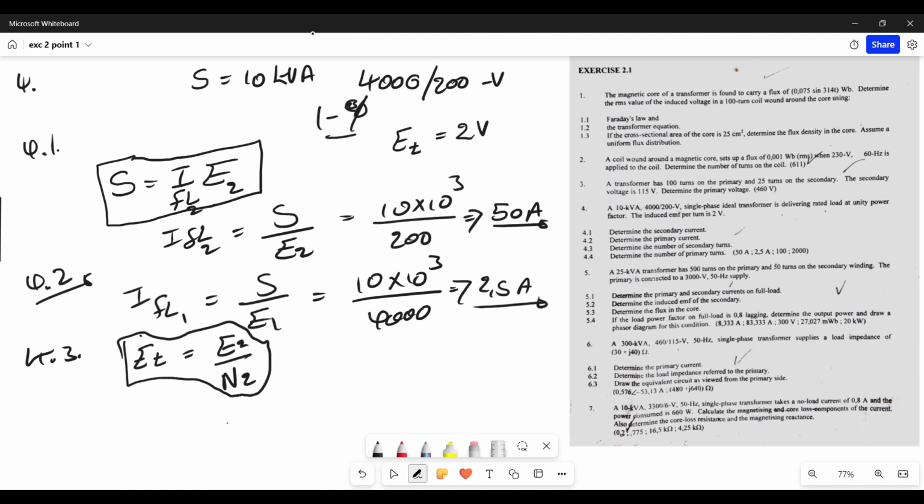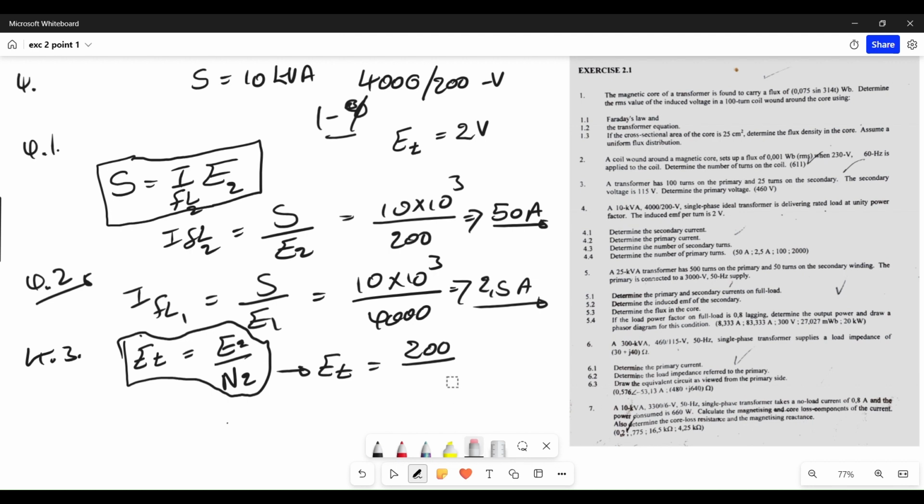It's E over N. E2, I have 200. Number of turns for the secondary side, am I given? No, I'm not given. Oh, it's what I'm looking for.